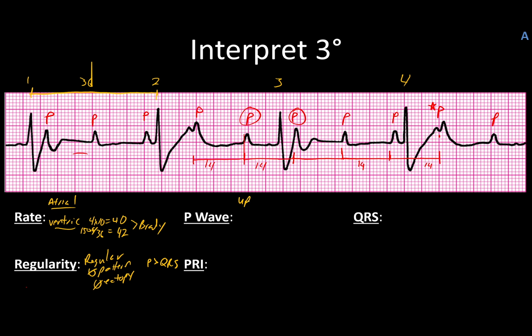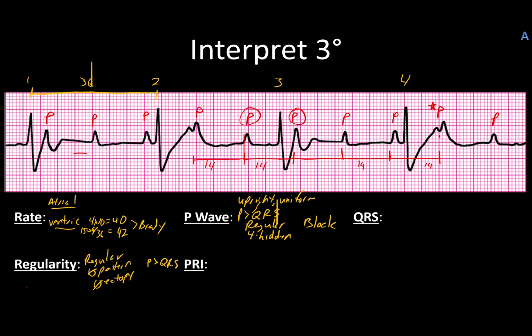So we're upright, we're uniform. I have more P's than I do QRS's. They are regular for sure. I've got 4 hidden. So we're definitely dealing with the block.